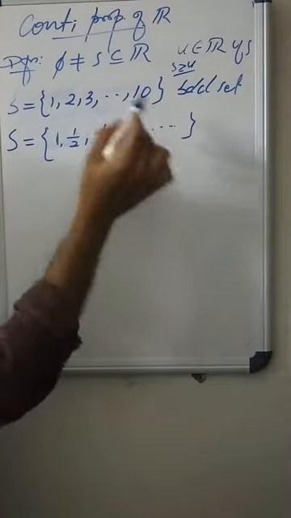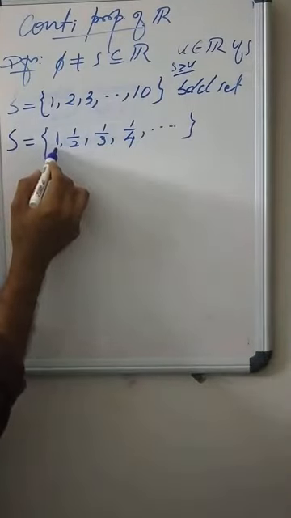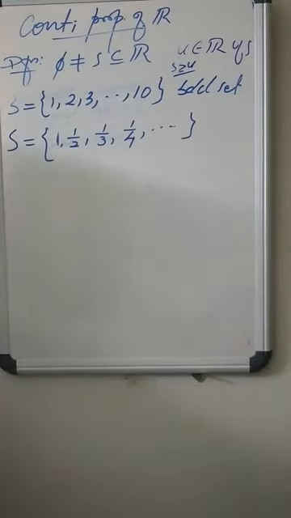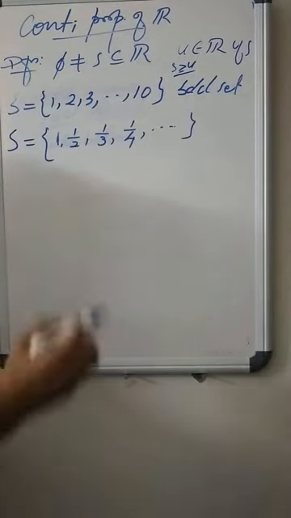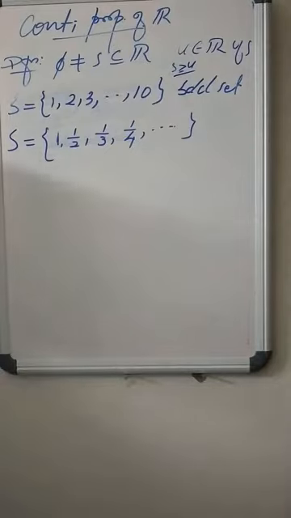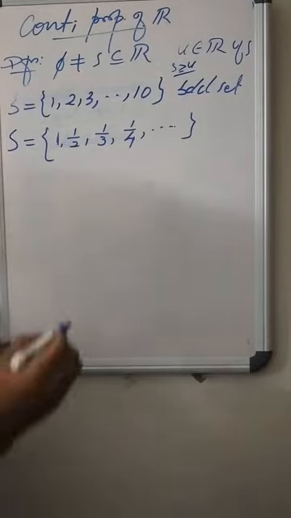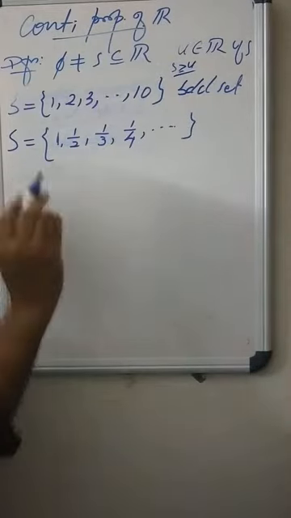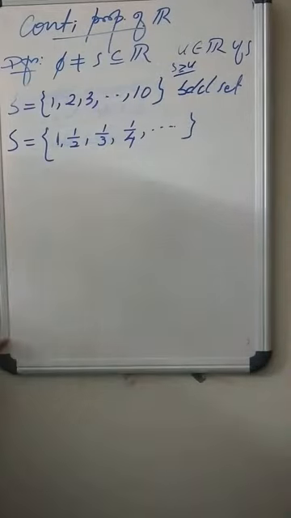Choose any element in S: 1, 1/2, 1/3, 1/4 and so on. Any element s in S, with u in R such that s is less than or equal to u, then u is an upper bound of S. So 1 is greater than or equal to 1/2, and so on. Similarly, we can find a lower bound.